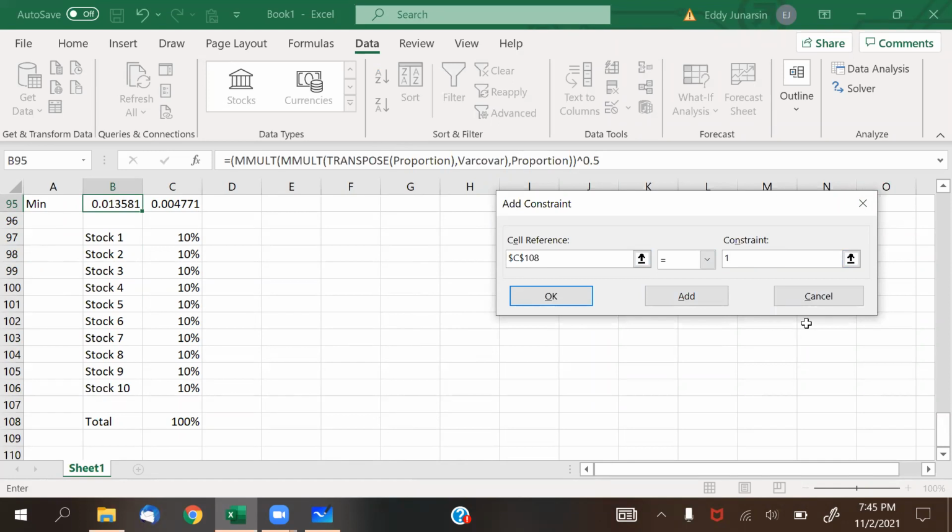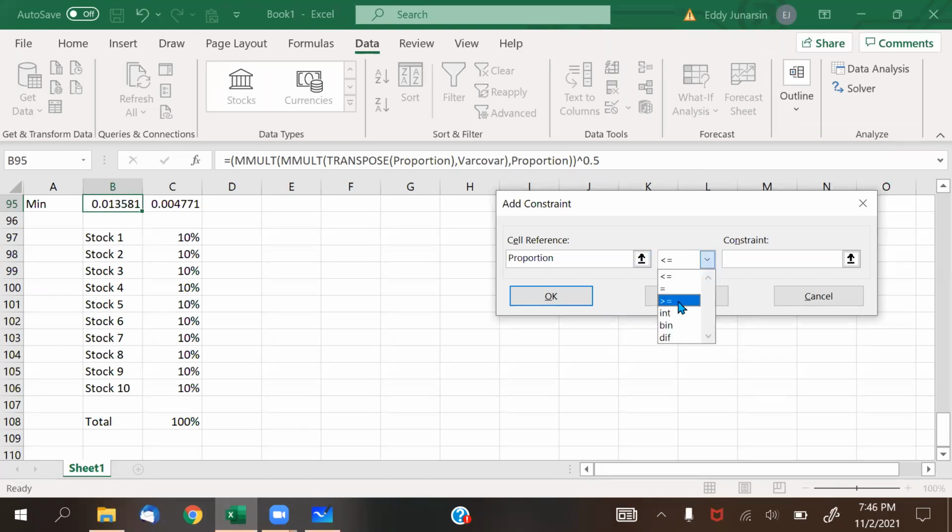In a certain capital market, maybe in many stock markets in the world, you might not be allowed to do the short selling. So if you are not allowed to do the short selling, then you have a second constraint. What is it? The proportion. Remember, proportion is the name that we gave to stocks 1 to 10.